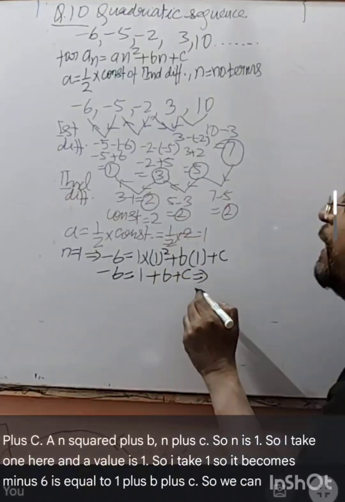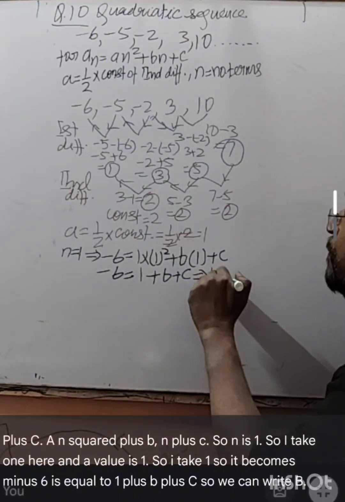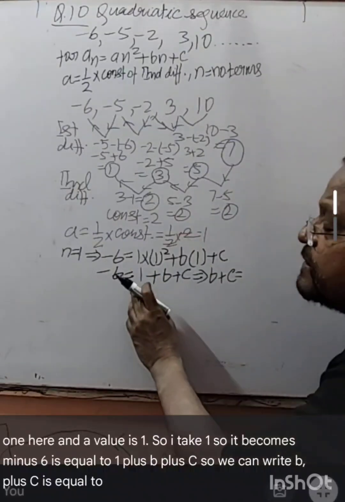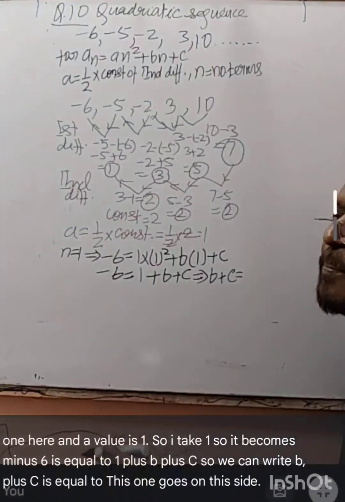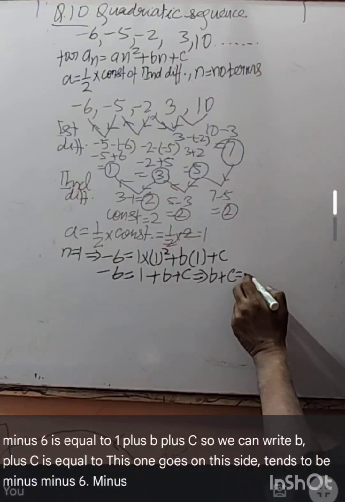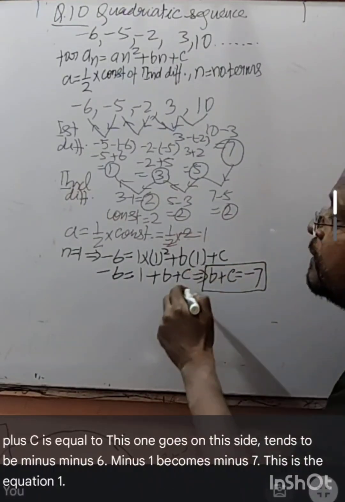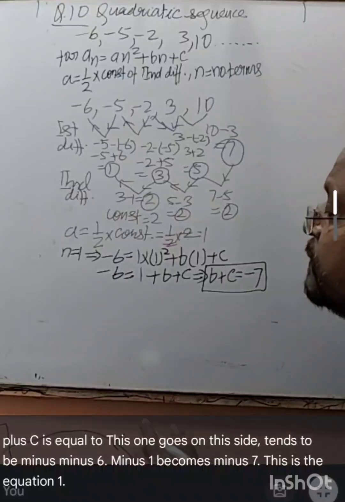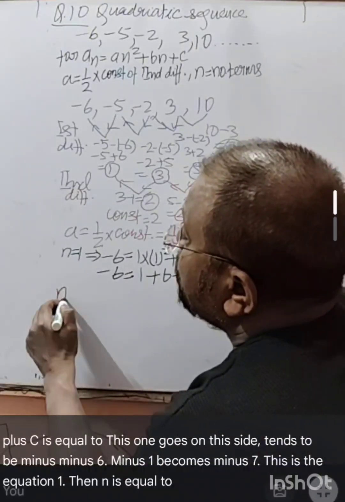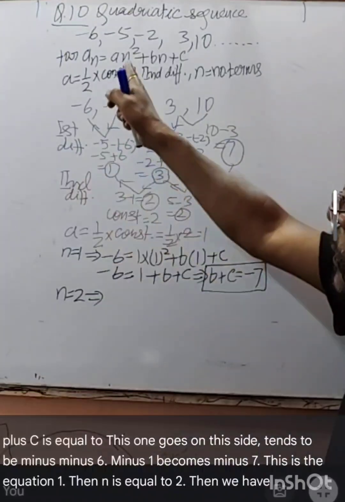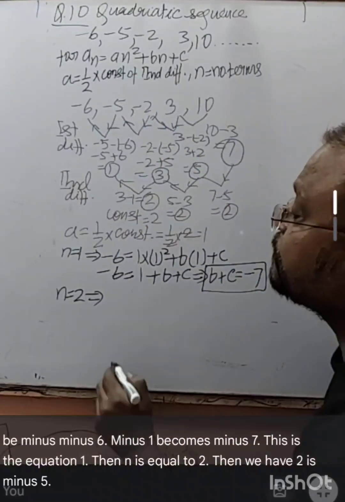So we can write b plus c is equal to, this 1 goes on this side, turns to be minus, -6 minus 1 becomes -7. This is equation 1. When n is equal to 2, then we have the term -5.